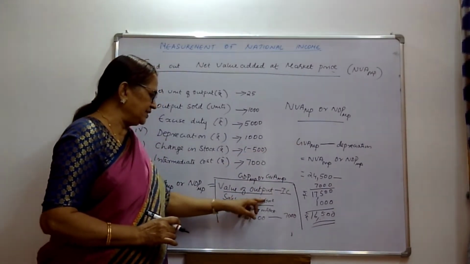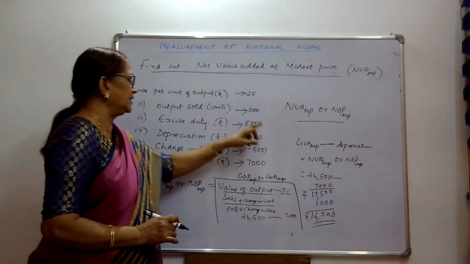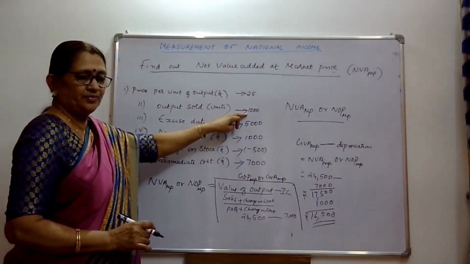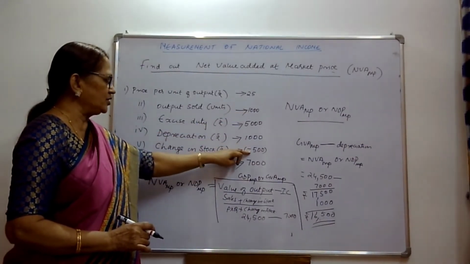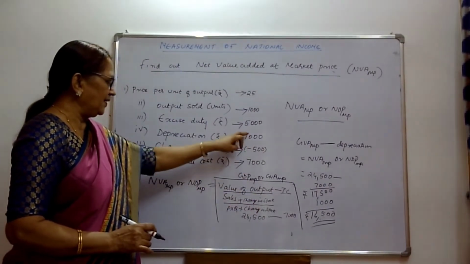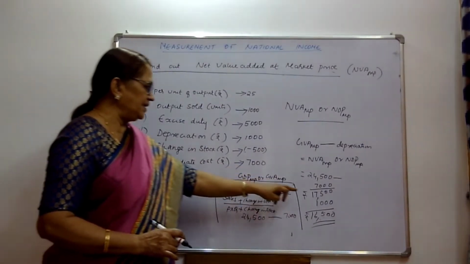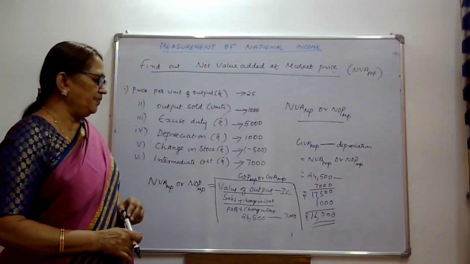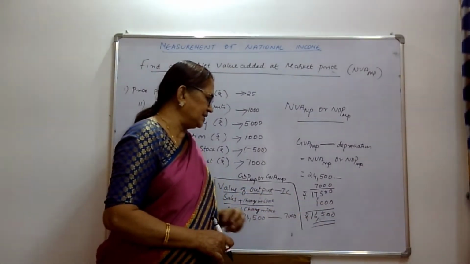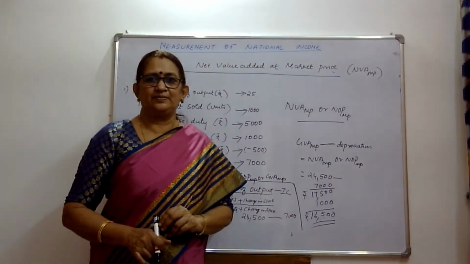So, sales plus change in stock minus intermediate consumption: 24,500, that is sales 25 into 1,000 plus change in stock minus 500, the value is 24,500, minus intermediate cost, that is 7,000. So 17,500 is GDP at market price. From that we have to deduct depreciation, that is 1,000. 16,500 rupees is net value added at market price.